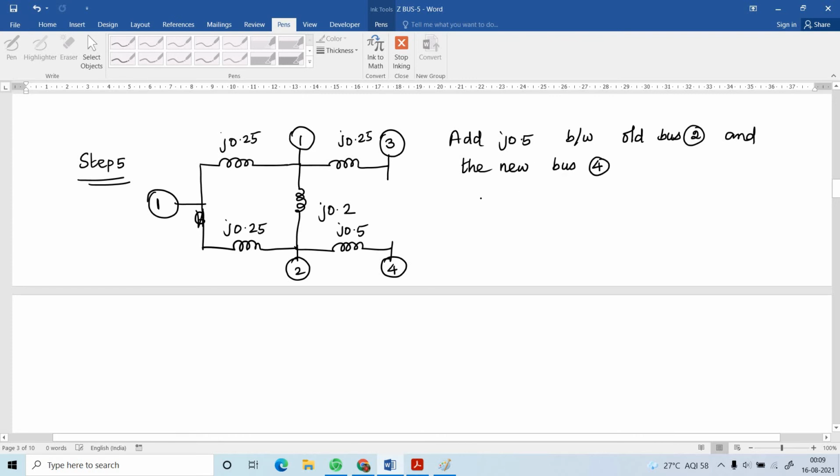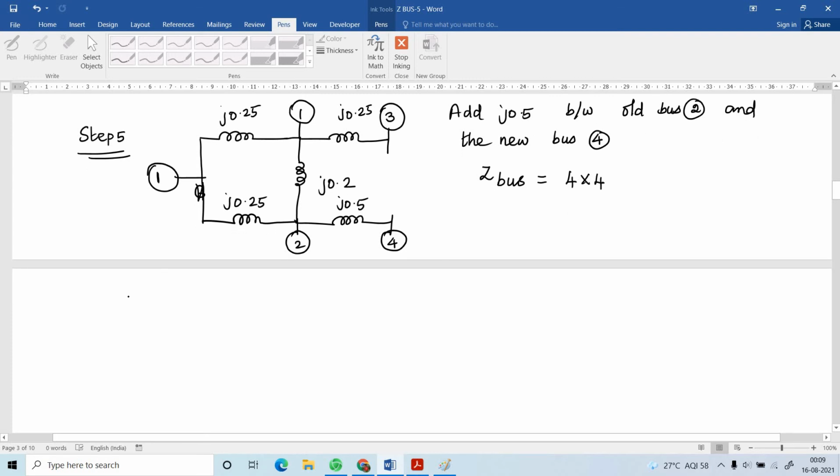Here, the order of the matrix is increased by 1. Now, the Z bus should have the order 4 cross 4 because in the previous step, the Z bus consists of 3 cross 3 only. Now, the order of the Z bus is increased.